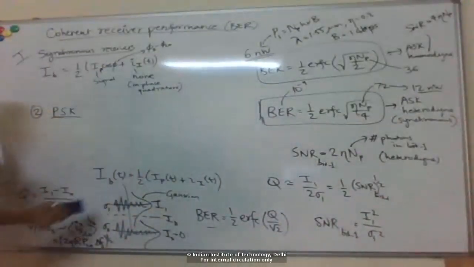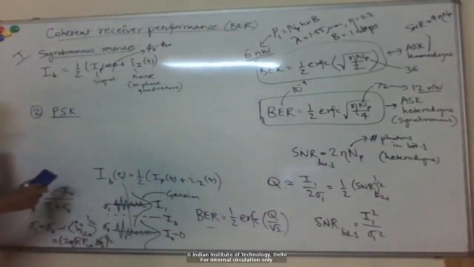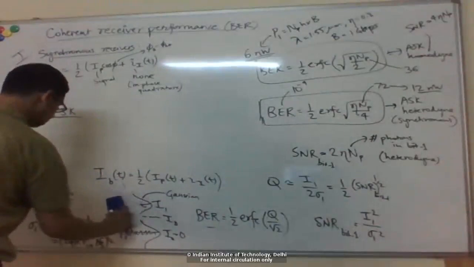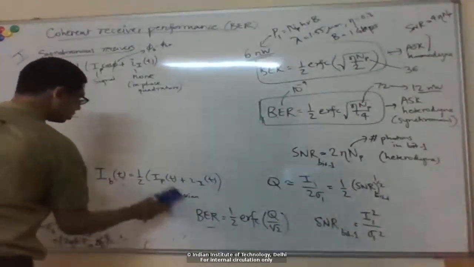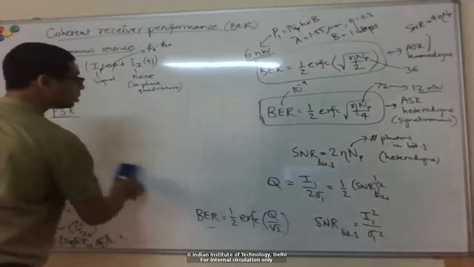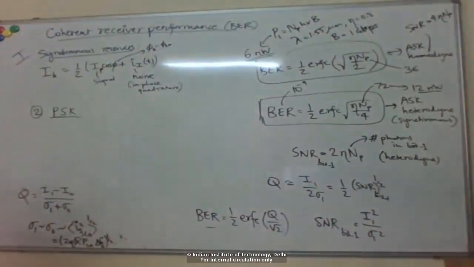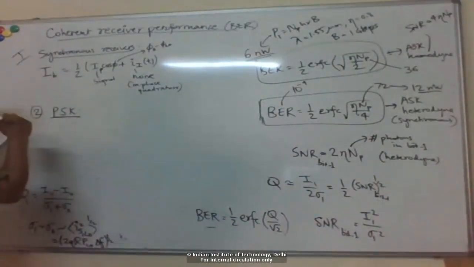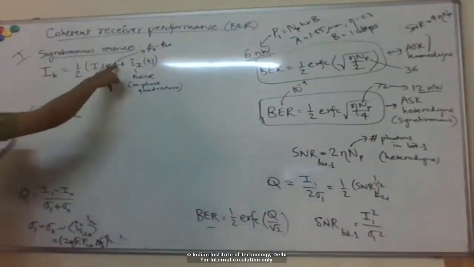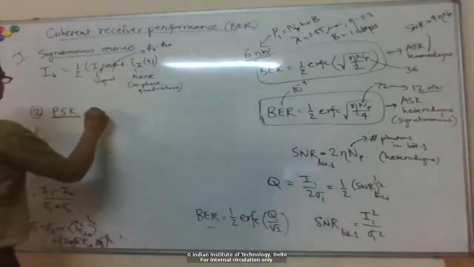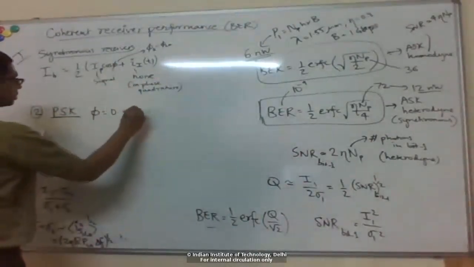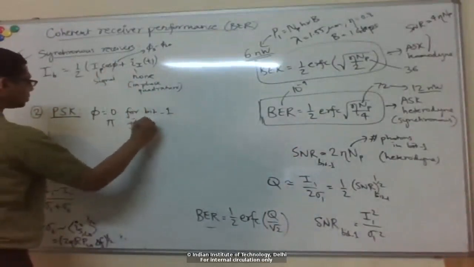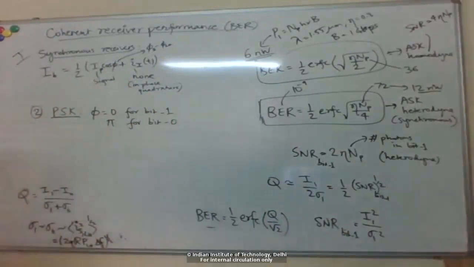What changes is this phi p. Now this phase, for example, is 0 for bit 1 and pi for bit 0.